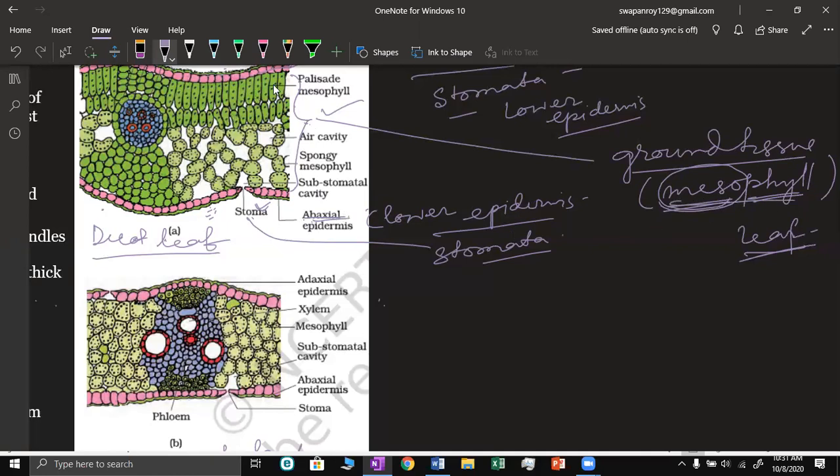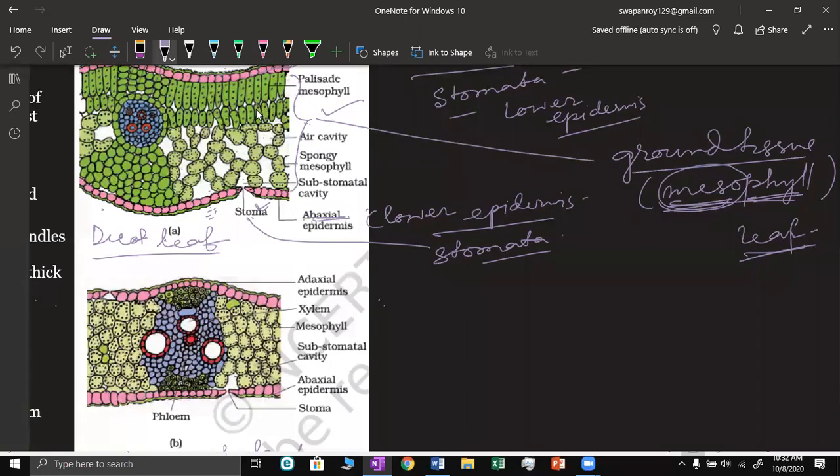Here we can see that in this mesophyll tissue there are two types of arrangement of the cells. Here you can see the cells are smaller in size, and there are a lot of gaps in between the cells. And just below the upper epidermis, the cells are slightly elongated and arranged in rows, at right angle to the surface of the epidermis.